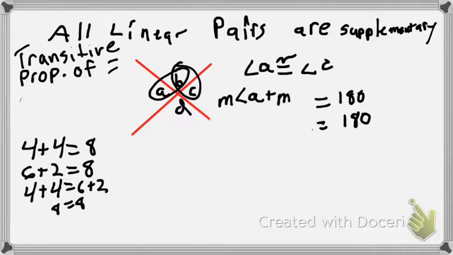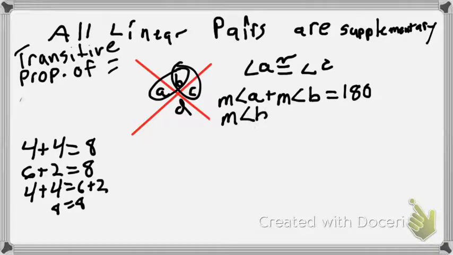So we have the measure of angle A plus the measure, I'm going to run out of room, so we're going to have to erase this too, of angle B equals 180 degrees. And then we have the measure of angle B plus the measure of angle C equals 180 degrees.